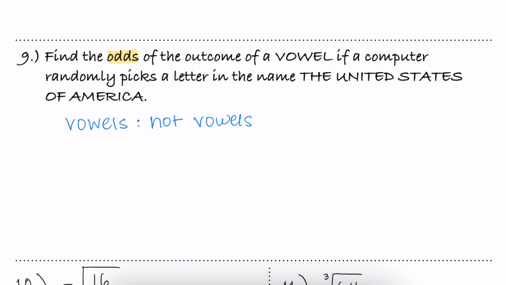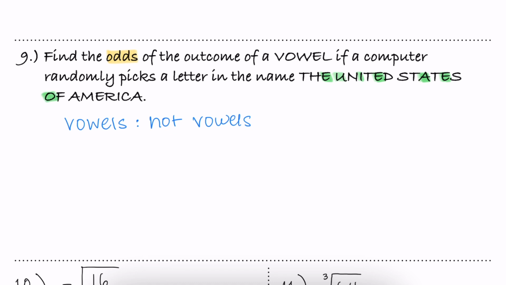All right, I'm going to highlight the vowels in the United States of America green, and I'll highlight the consonants, or not vowels, red. So E is a vowel, U is a vowel, I is a vowel, E, A, E, O, A, E, I, and A. So we have 1, 2, 3, 4, 5, 6, 7, 8, 9, 10, 11.